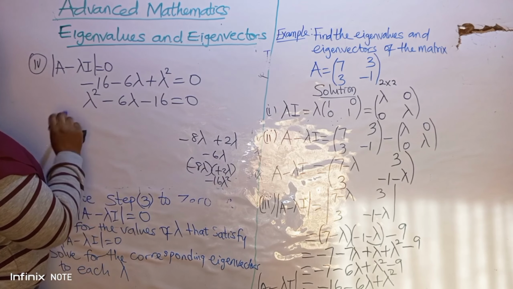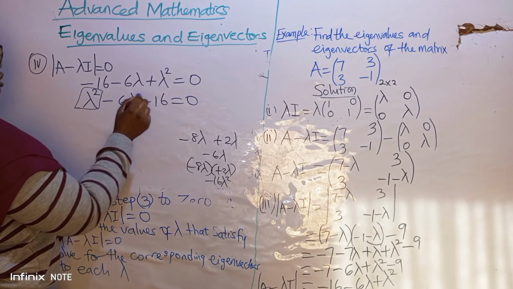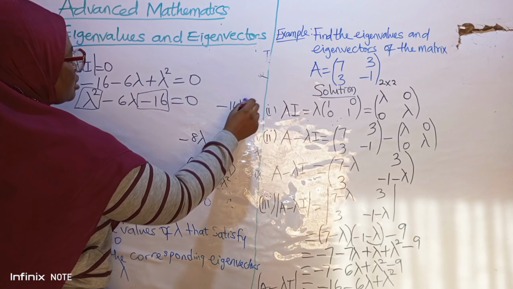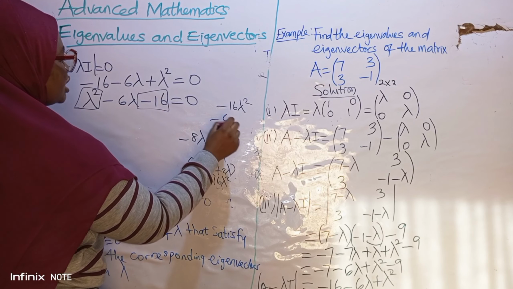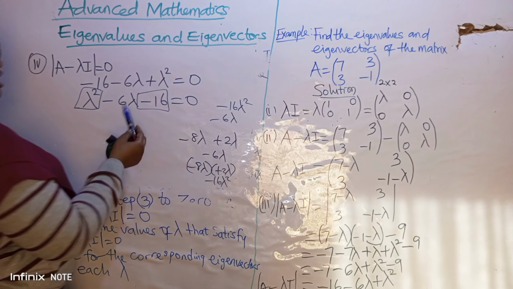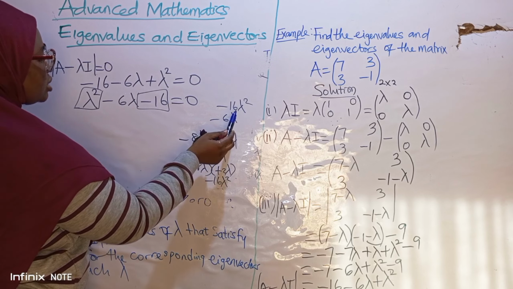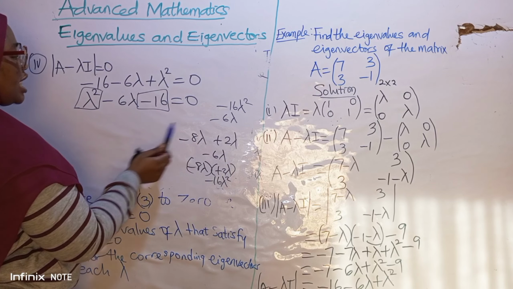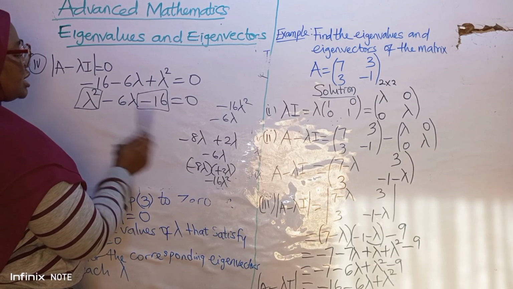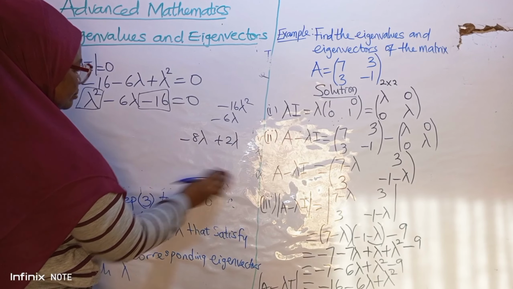So that is what I want: take the coefficient of lambda squared multiplied by the constant here, I have minus 16 lambda squared. Then I need minus 6 lambda. If I multiply together, I'm going to get minus 16 lambda squared, and if I add, I'm going to get minus 6 lambda. And that is minus 8 lambda plus 2 lambda.